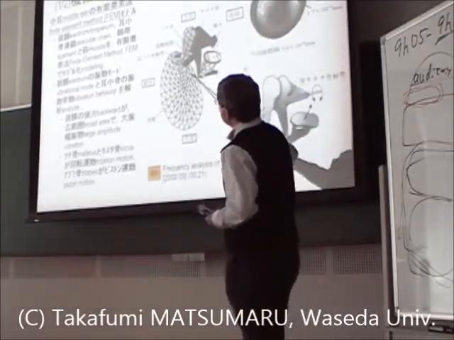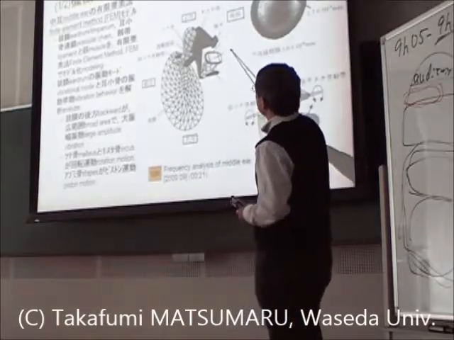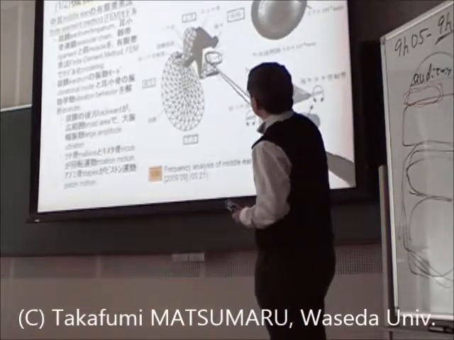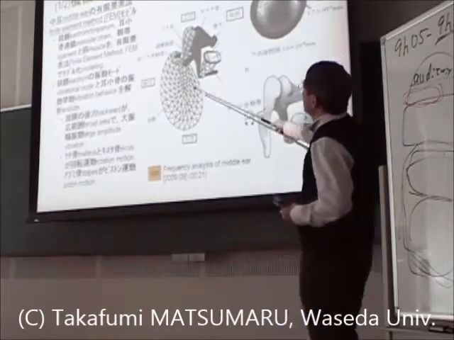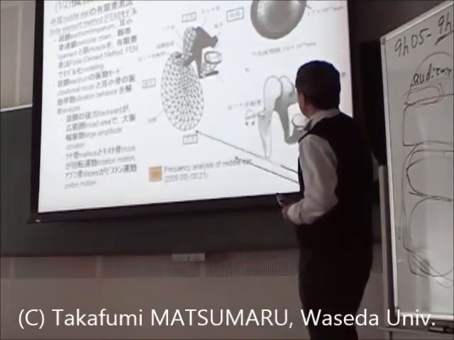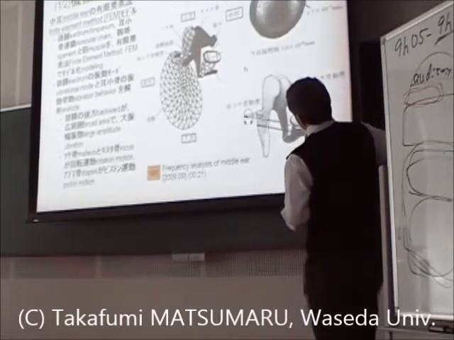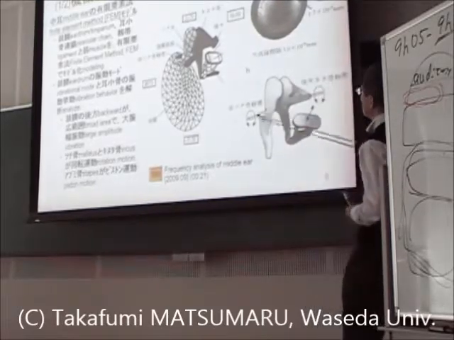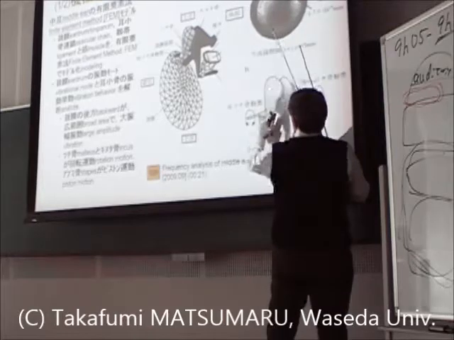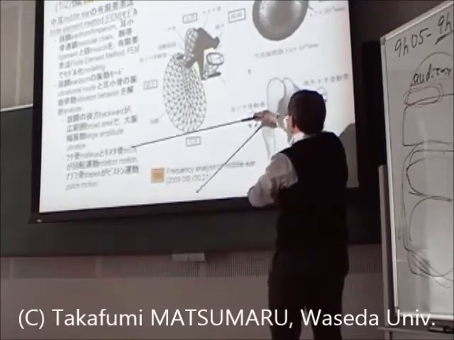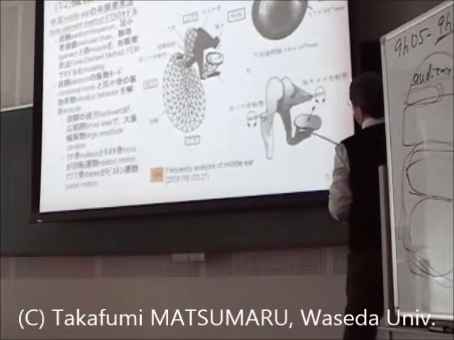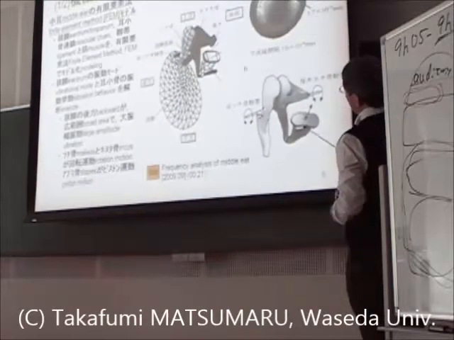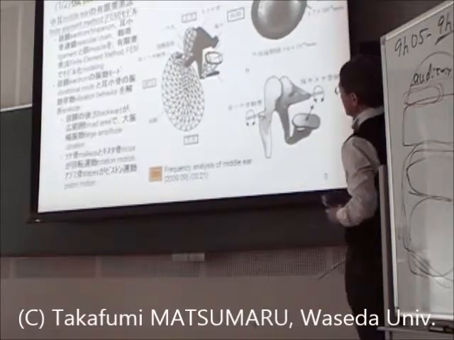When some sound is applied here, which kind of movement happens at this part is simulated. The movement of these three bones looks like this. In a simple model, the first bone rotates around this axis, the second bone also rotates around this axis, and then the third bone makes this kind of movement.